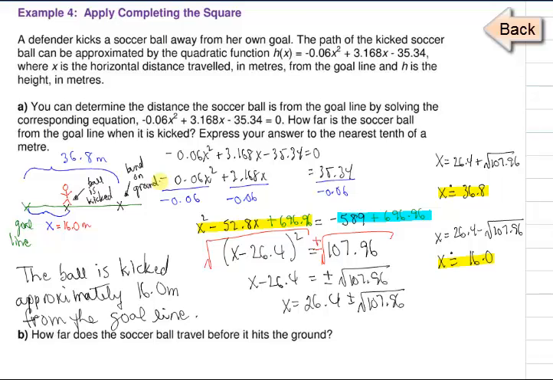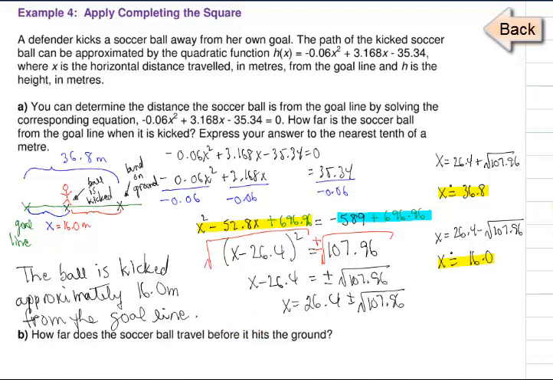We know that the ball is kicked 16.0 meters from the goal line, and that it's going to hit the ground 36.8 meters from the goal line. So how do I work out the distance in between?